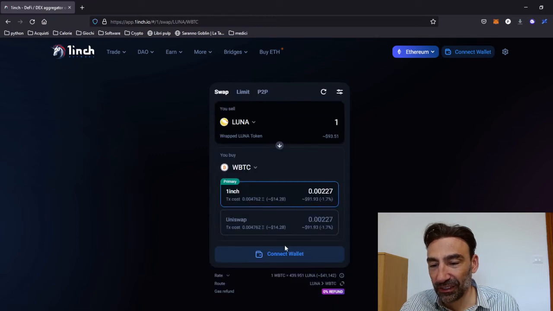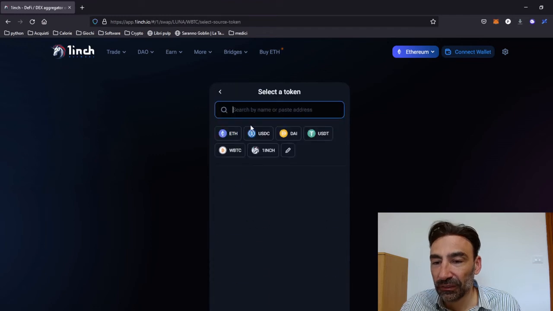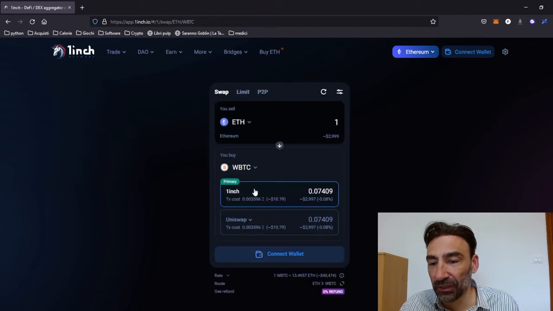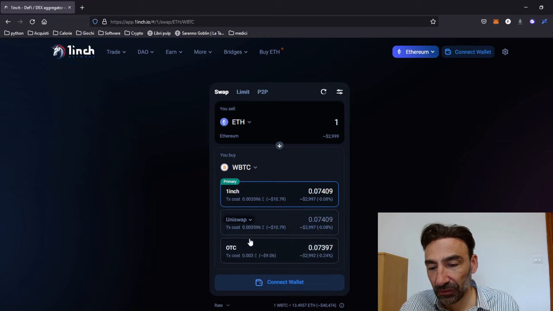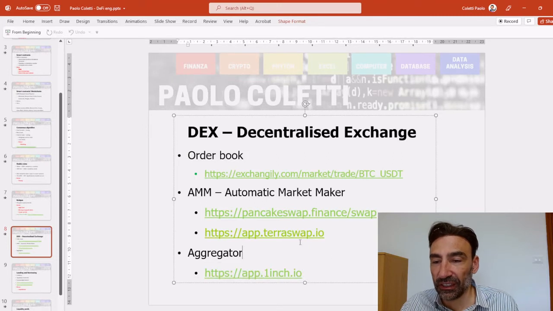So that's why here there is only one possibility. But if I do a famous one, Ethereum for Bitcoin, only two possibilities. So it's just searching different exchanges and suggesting the best one.